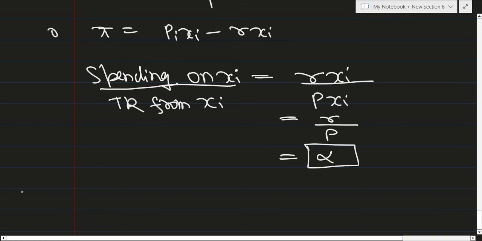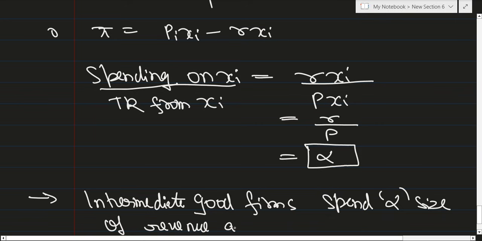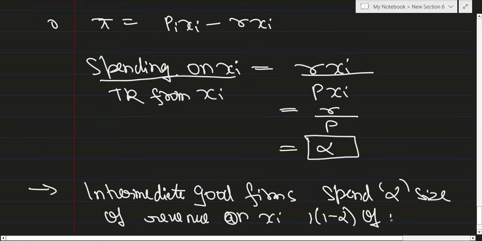Okay, so we know now that the intermediate goods firm spends alpha size of revenue on xi, on procuring the design or patent, that is xi, and 1 minus alpha proportion of revenues is kept as profit.